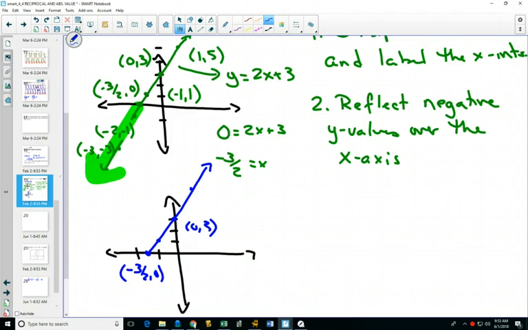But this part of my graph, which we've highlighted in green, instead of having negative 2, negative 1, I'm going to have negative 2, positive 1. And instead of negative 3, negative 3, oops, that's a little bit high, I'm going to have negative 3, positive 3. And this part of my graph gets reflected over the x-axis. And what we just graphed was the absolute value of 2x plus 3.